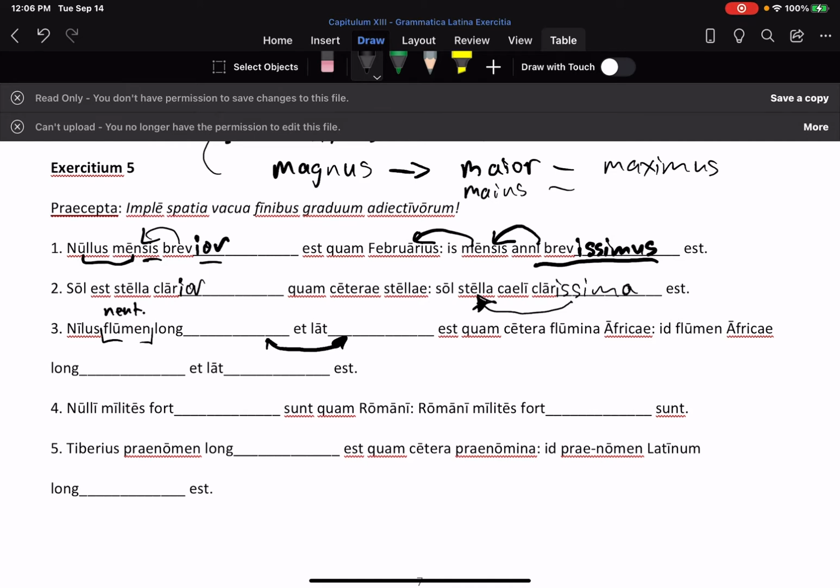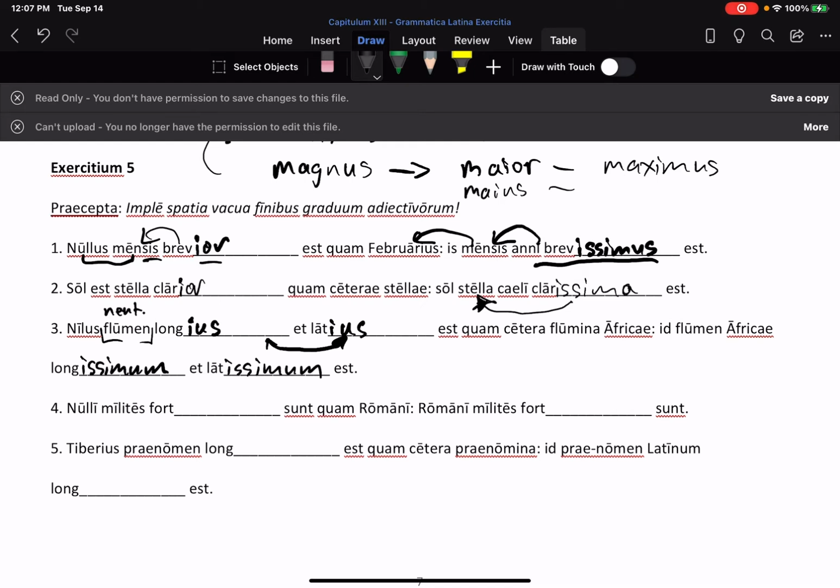So we need to say longius instead of longior, et latius, longer and broader, quam cetera flumina Africae, than other rivers of Africa. Id flumen Africae longissimum et latissimum est. Bene.